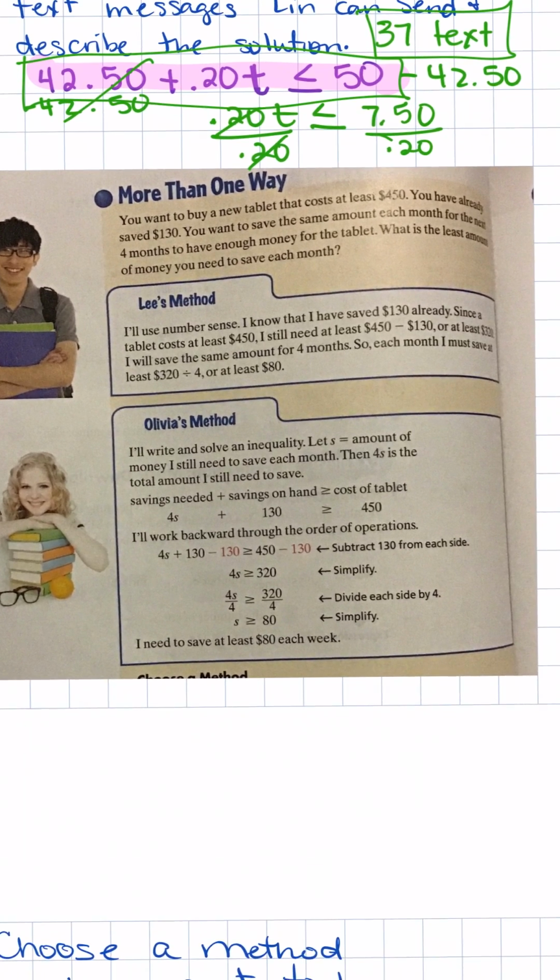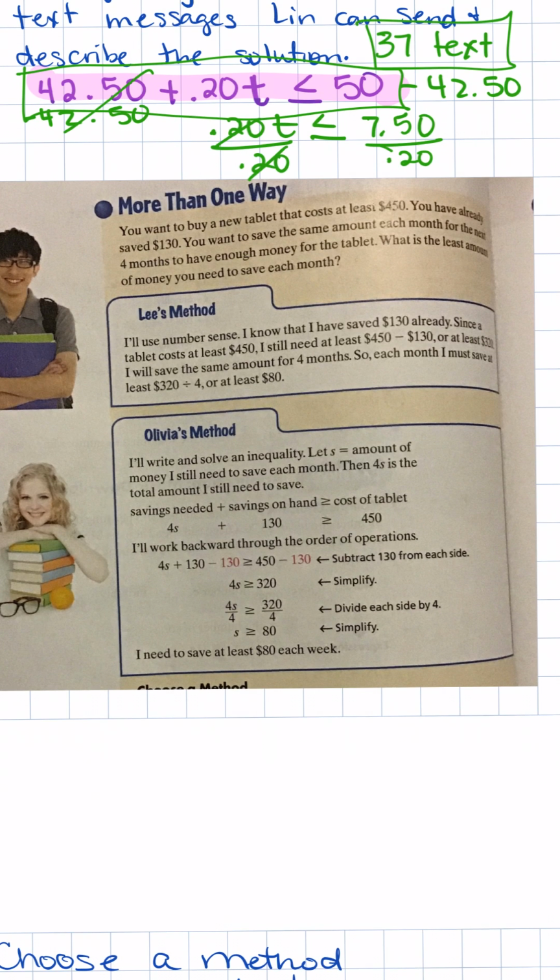You want to buy a new tablet that costs at least $450. You have already saved $130. You want to save the same amount each month for the next 4 months to have enough money for the tablet. What is the least amount you need to save? So Lee says, I'll use number sense.